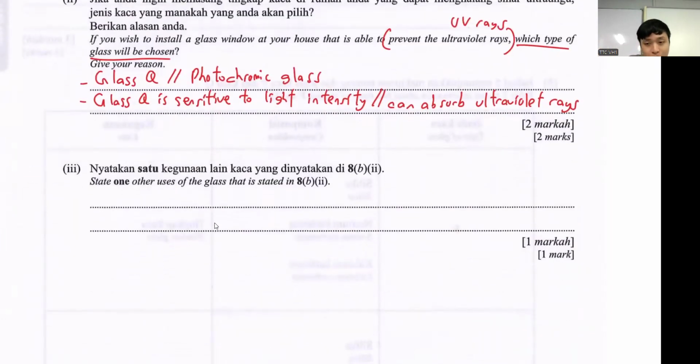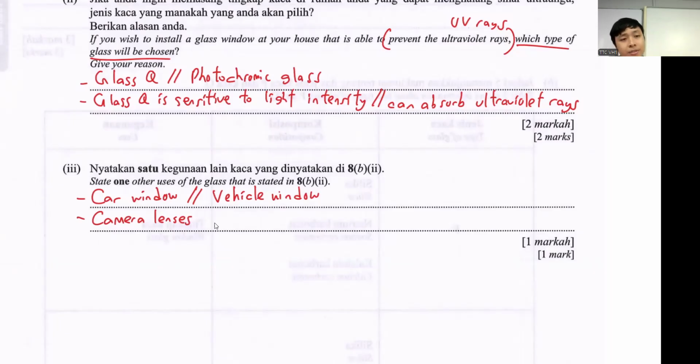So another use: car window, or you can say vehicle window, same thing. Or you can say a camera lens. These two normally.